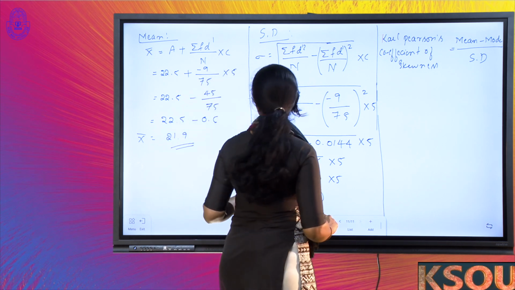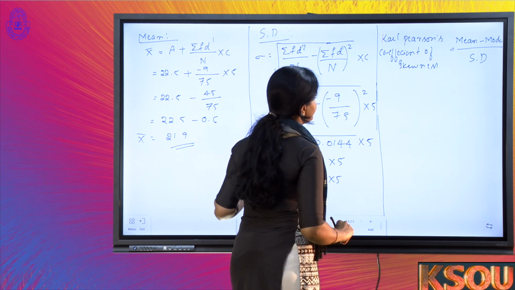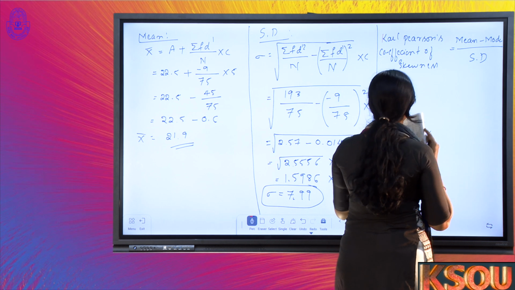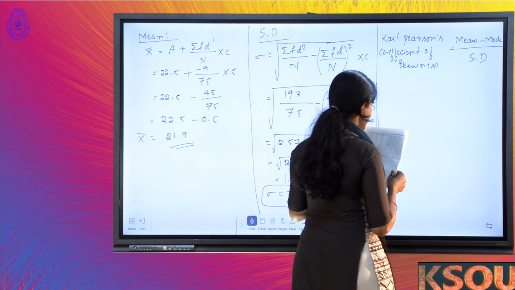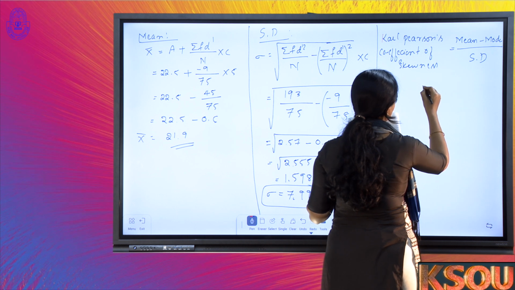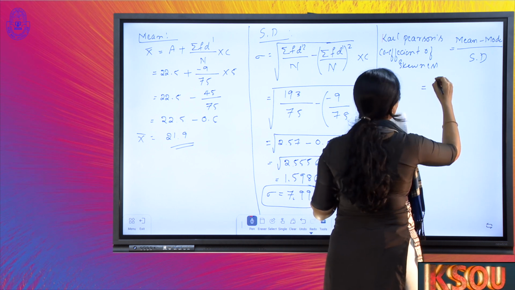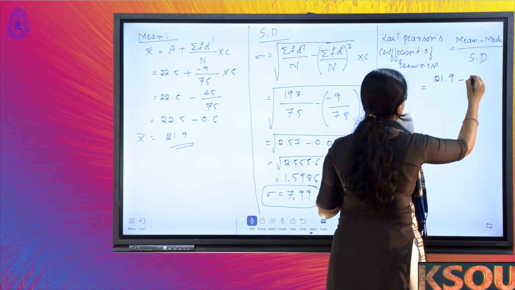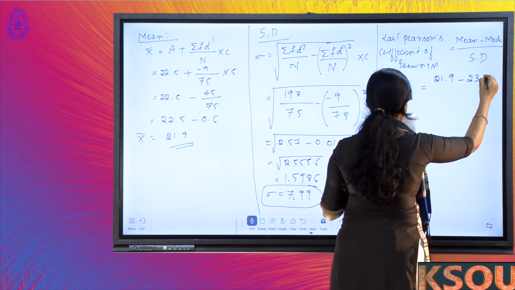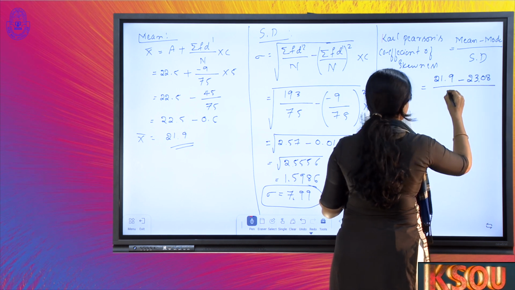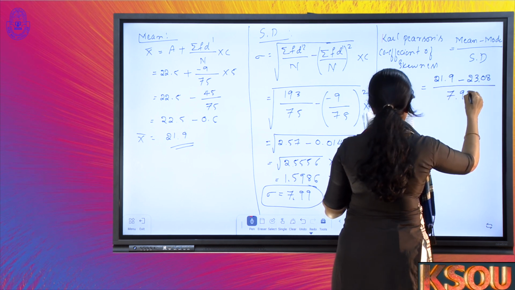After calculation of mean and standard deviation and mode value, you can calculate the Karl Pearson coefficient of skewness, that is mean minus mode by standard deviation. Mean value is 21.9 minus 23.08 is the mode, divided by standard deviation value, that is 7.99.